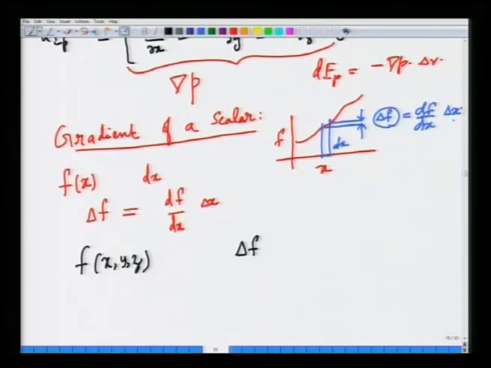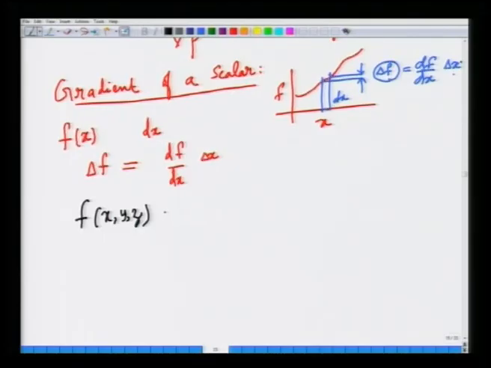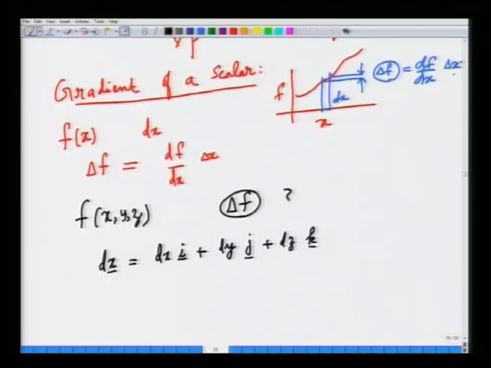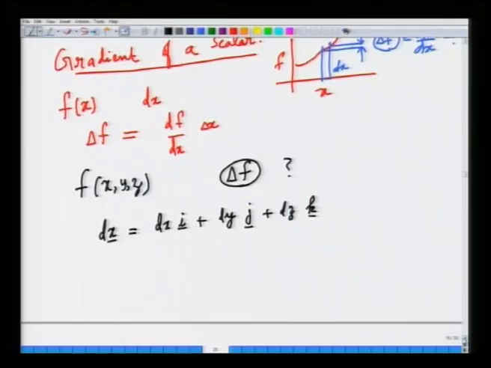What is the change in the function f as you proceed by a small distance dx? But dx is no longer a scalar, it is a vector, because you can undergo a displacement in the 3 coordinate directions: dx times i plus dy times j plus dz times k. Then what is the change in the value of the function f? It turns out that the gradient of the function has that information.